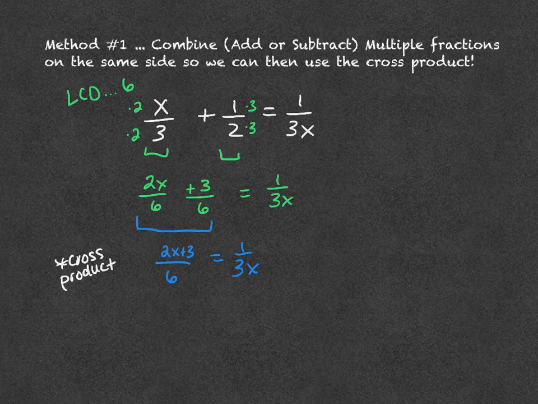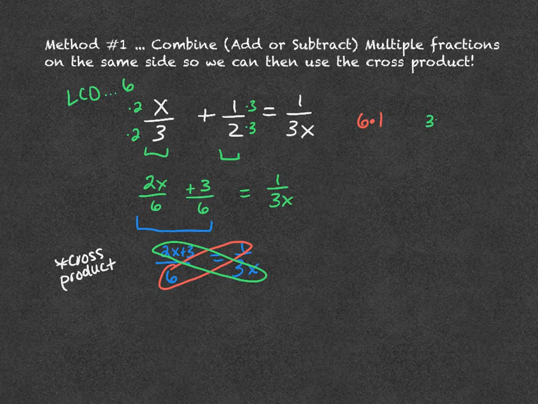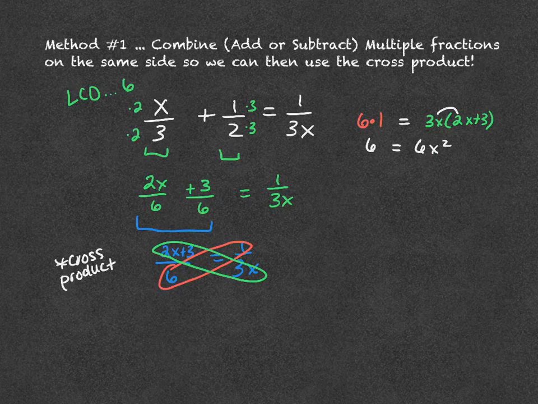So 6 times 1, I'm going to show my work up here, should be the same thing as multiplying these two together, which was 3x times 2x plus 3. Again, if these fractions are equal, the cross products will be equal. So we get 6 is equal to 6x squared plus 9x. And once we see a quadratic term, we should get it equal to 0.